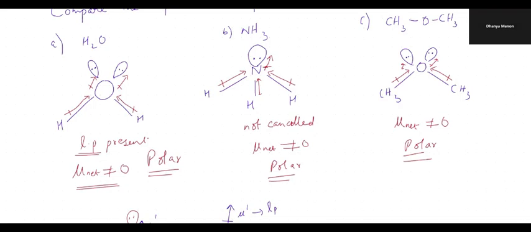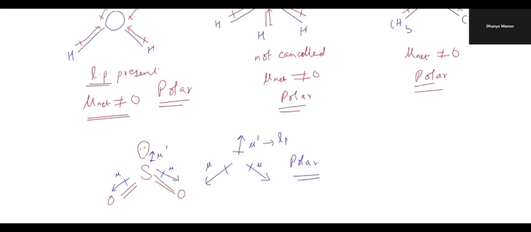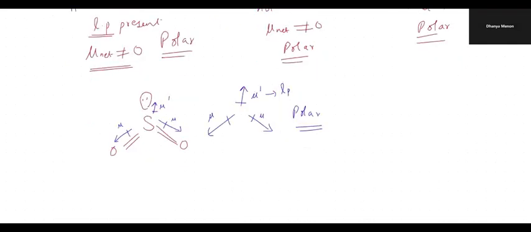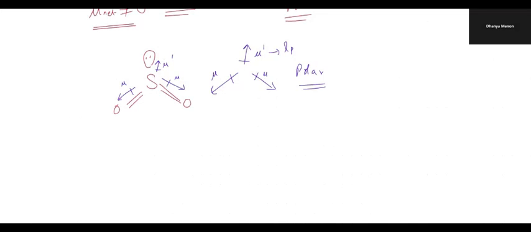In case of sulfur dioxide, although the dipoles are in opposite directions, the dipoles are different. One dipole is because of the lone pair of electrons, so it cannot cancel the other two. So even though we feel that they are in opposite directions, there is a net resultant dipole. It is not equal to 0 because mu dash is not the same as mu.